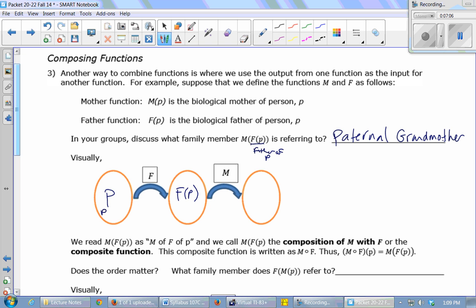So this is the original person. And then we have p's father. And then you apply m to p's father, which is the mother of that person. So this is m of f of p, right? This is p's grandmother.